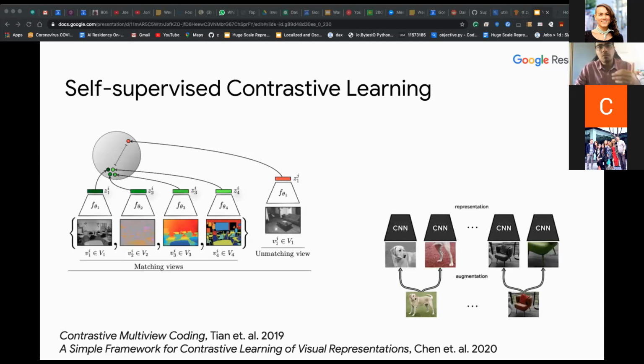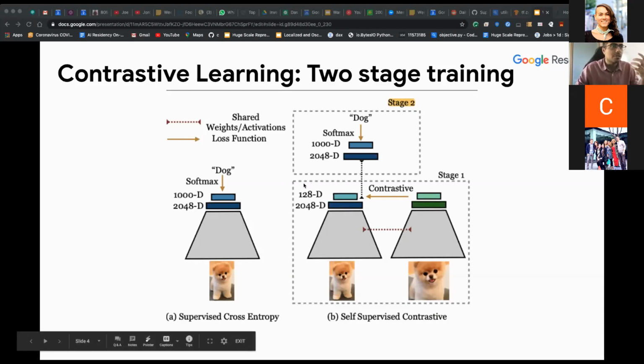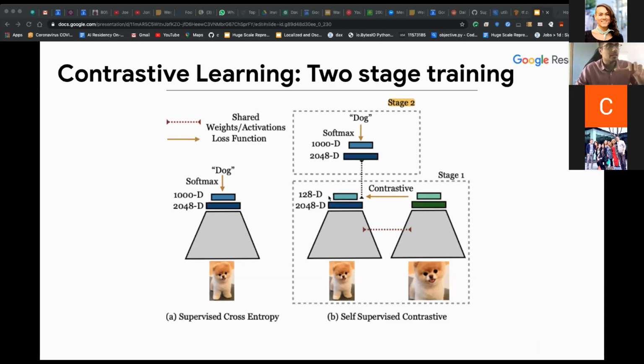So before we go into more details, I just want to talk about how these techniques usually work. The aim here is that the downstream task that you evaluate on is still top 1 accuracy and labeling samples. So the way you do it is that you have a first stage where you actually do contrastive learning, and contrastive learning losses are actually applied in a small 128 dimensional space. So you have your encoder network, which actually gives an output of 2K, and then you project it down to something like 128 dimensions or 256 dimensions, depending on what your use case is.